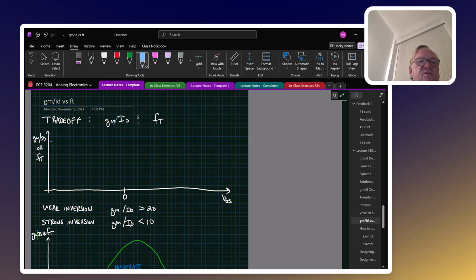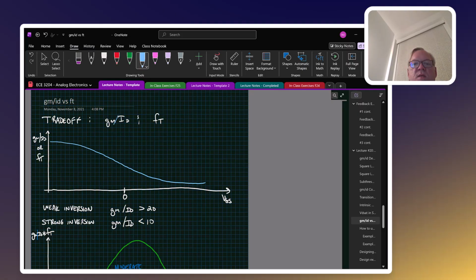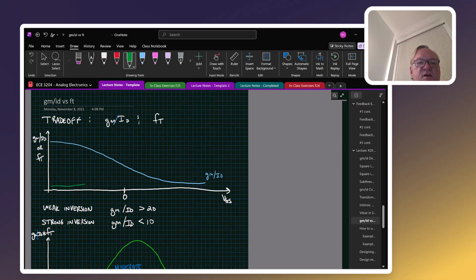So our inversion characteristic goes something like this. On the other hand, the FT, which is kind of the speed measurement of the device, in weak inversion starts off slow and the device gets faster as we overdrive the device more, ultimately saturating.